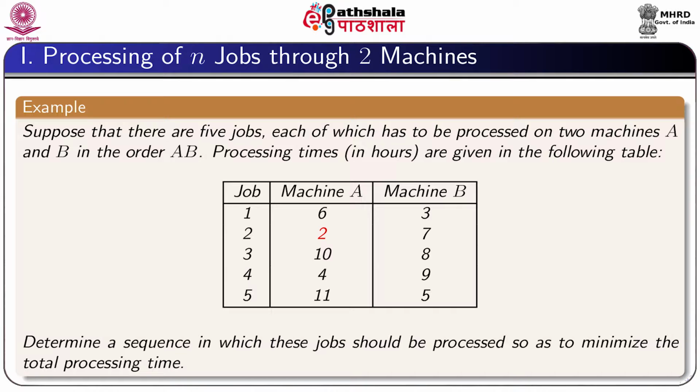For job 1, 2, 3, 4 and 5, processing times on machine A are 6, 2, 10, 4 and 11 respectively, and processing times on machine B are 3, 7, 8, 9 and 5 respectively. We have to determine a sequence in which these jobs should be processed so as to minimize the total processing time.